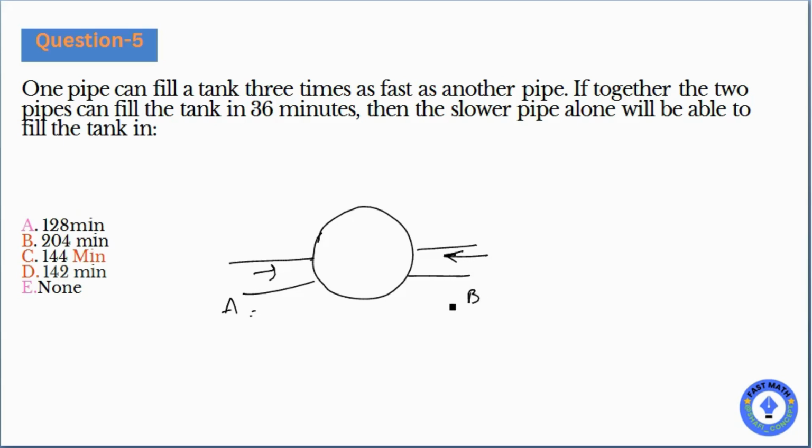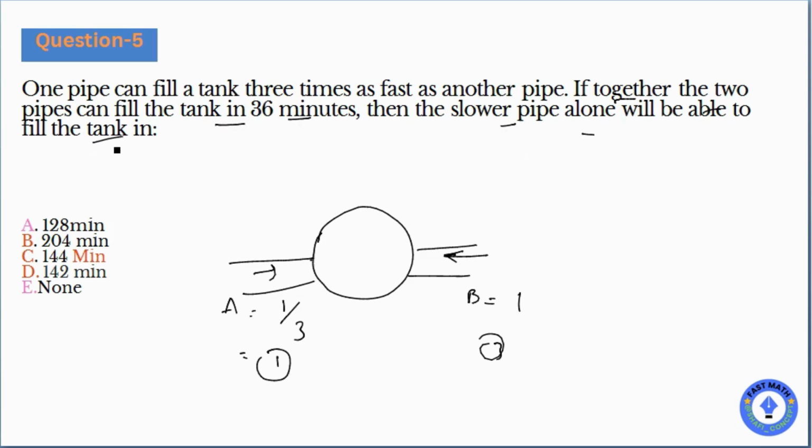If B fills the tank in 1 hour, A fills the tank in 1/3 of the time taken by B. If you take B as 3 hours, A can fill the tank within 1 hour. That is the premise of this question. If together the two pipes can fill the tank in 36 minutes, then the slower pipe alone will be able to fill the tank in how much time?